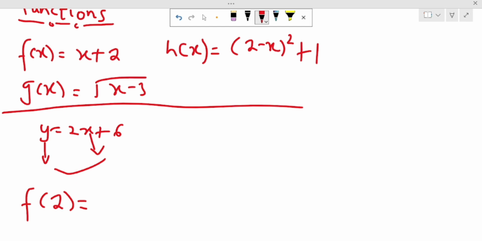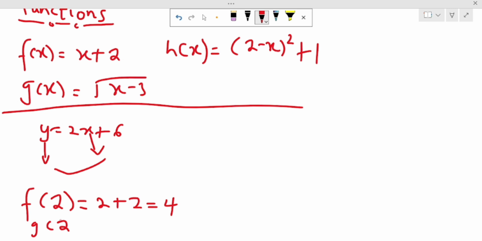So wherever we find x in the function f of x, we put 2 and solve. So here we put 2 where we find x, so we get 2 plus 2. Then we get the final answer to be what? 4.